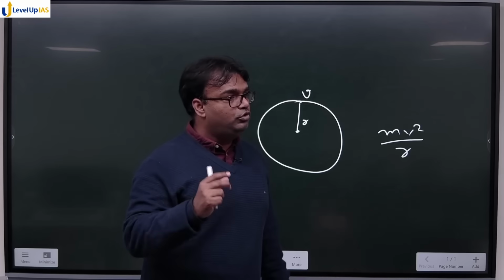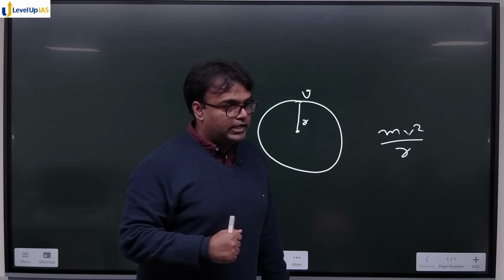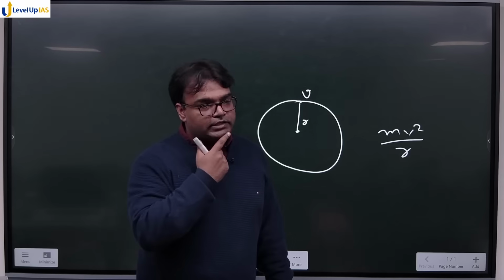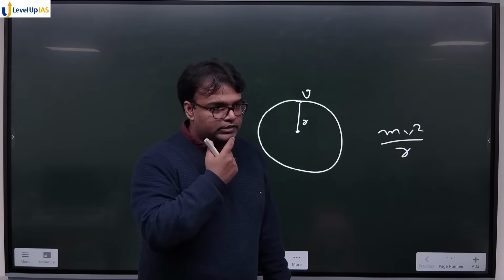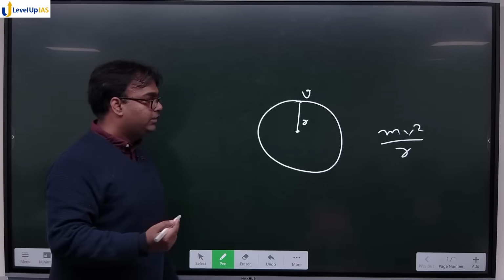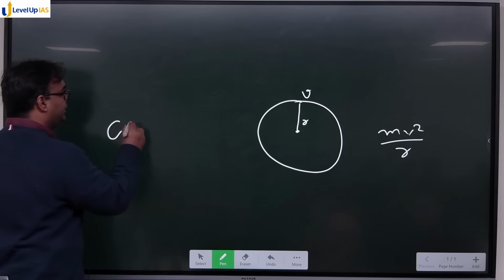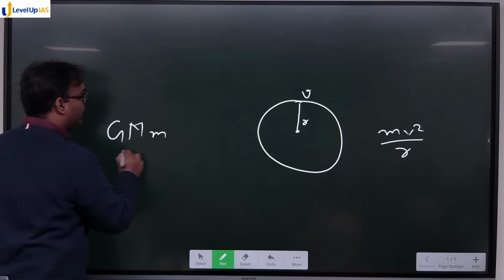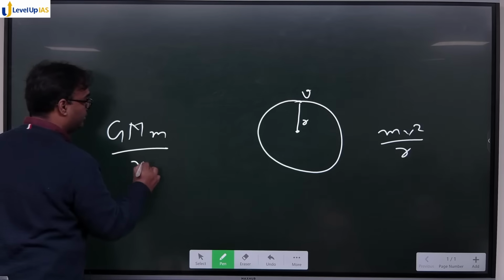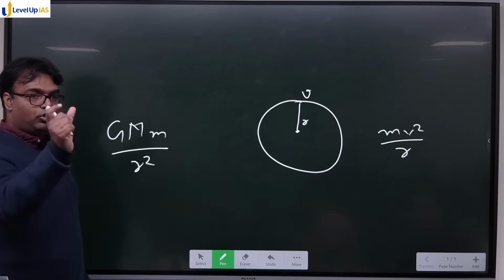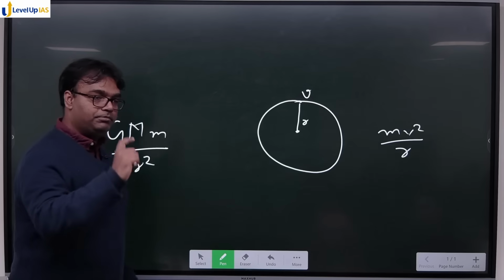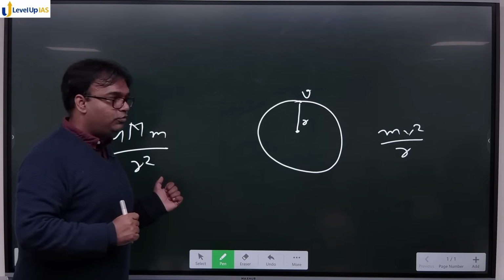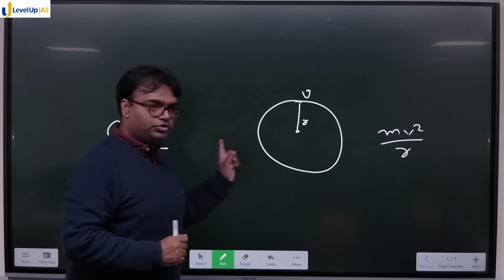It can be mass of the moon or mass of let's say GSAT or mass of any other satellite of Earth, right? And what is the force of gravity? Gravity का force होता है GMm by r square, where m is the small mass, ये capital M is the mass of Earth. So this is the force of gravity, और इतना force चाहिए. This should be equal to this.